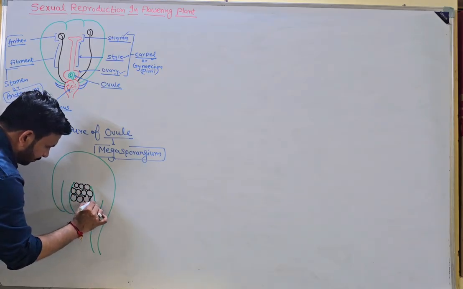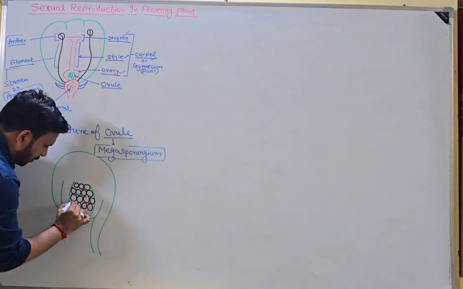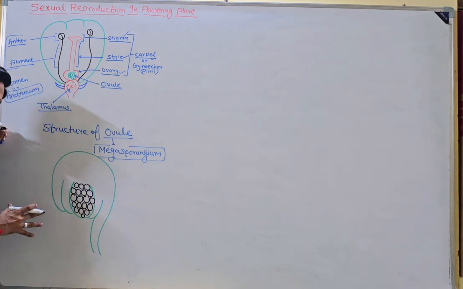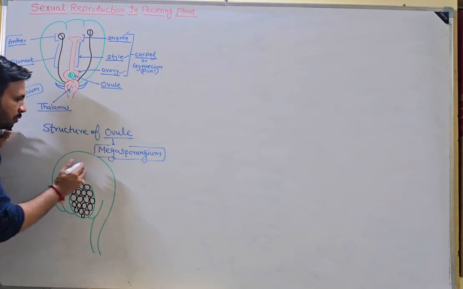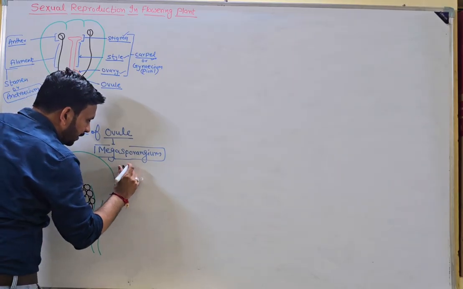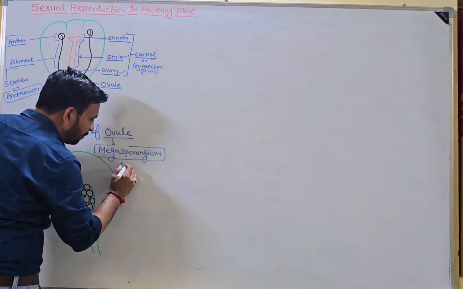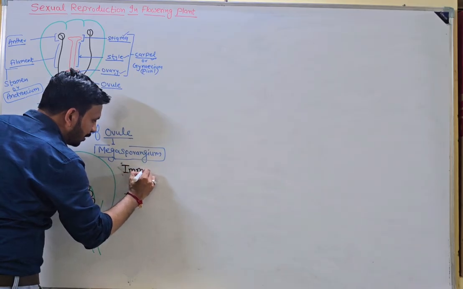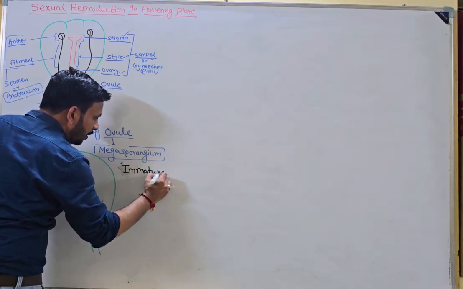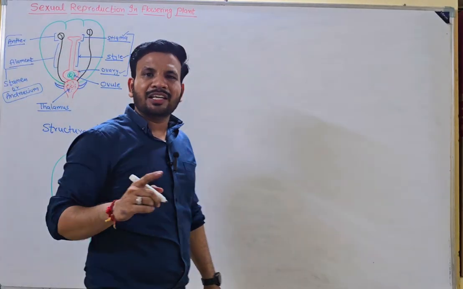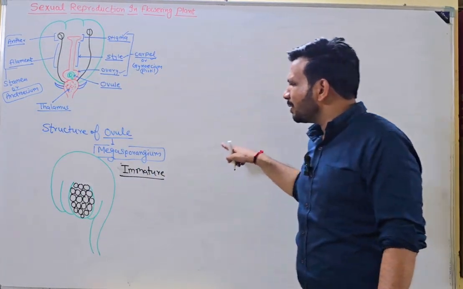The ovule which I am making here, ये जो ovule मैंने बनाया है ये immature ovule है. ठीक है, और हमने मेगास्पोरोजेनेसिस प्रोसेस में यही पढ़ना है कि ये जो immature ovule है ना, ये कैसे मैच्योर होता है.